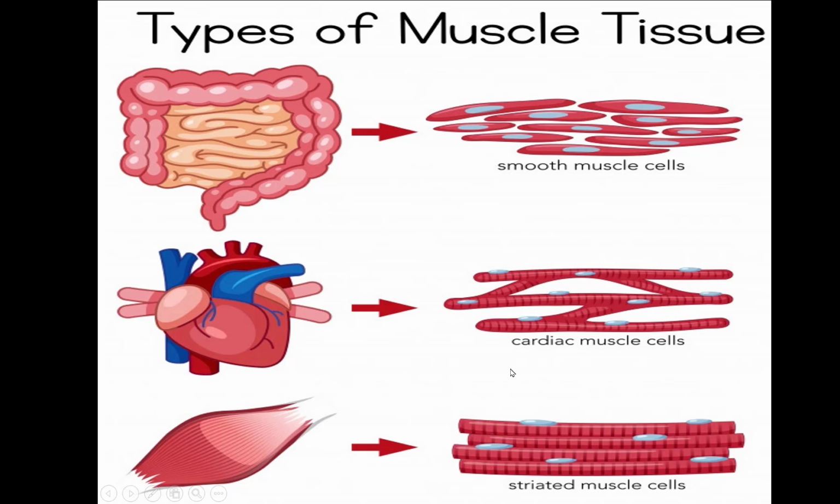Types of muscle tissue. We know that there are three main types of muscles in the body: the skeletal muscle, the cardiac muscle, and the smooth muscle. They all have different structure and different function, and we have already discussed the skeletal muscle in the lecture of physiological anatomy of the skeletal muscle.